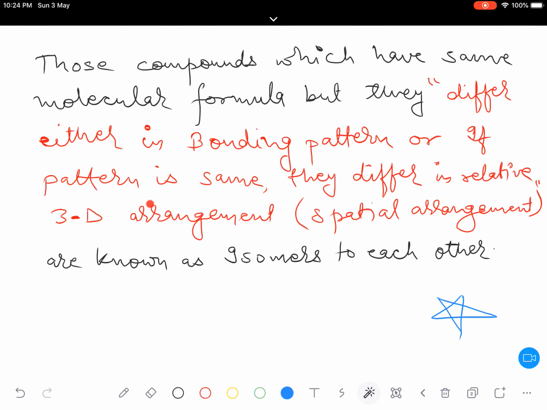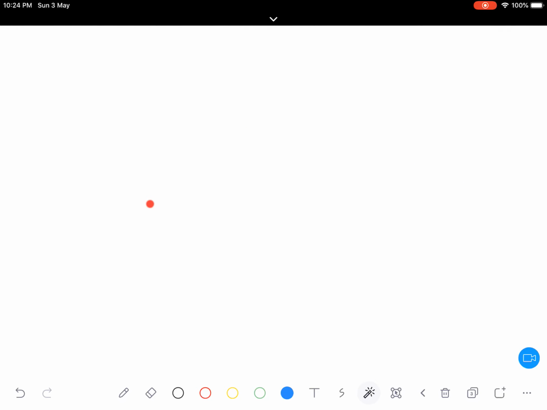So basically the spatial arrangement, right? So now let's categorize the different types of isomers. Okay, so here I start.